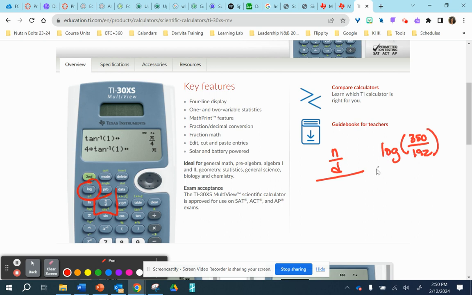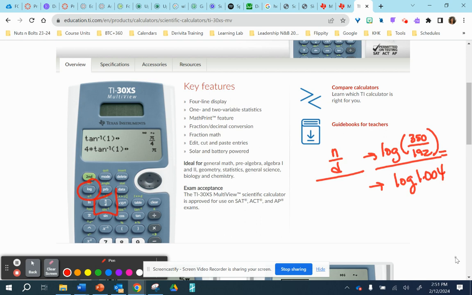So log, and then in your denominator, log of 1.004. So you're going to use n over d twice. You're going to use it for the numerator and denominator, but then in here I would use n over d again.